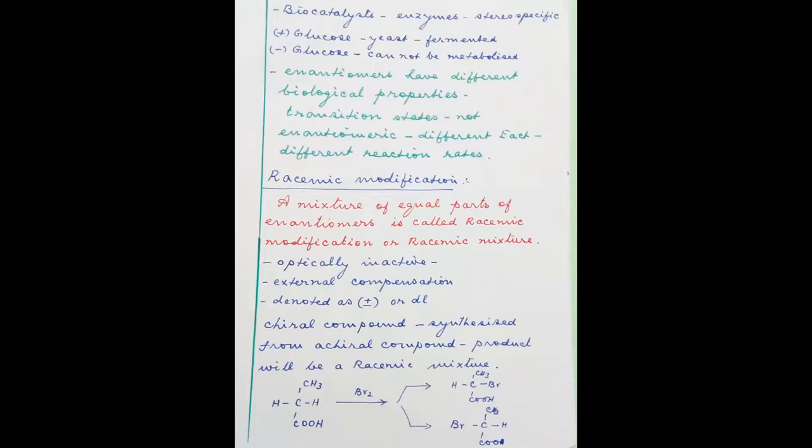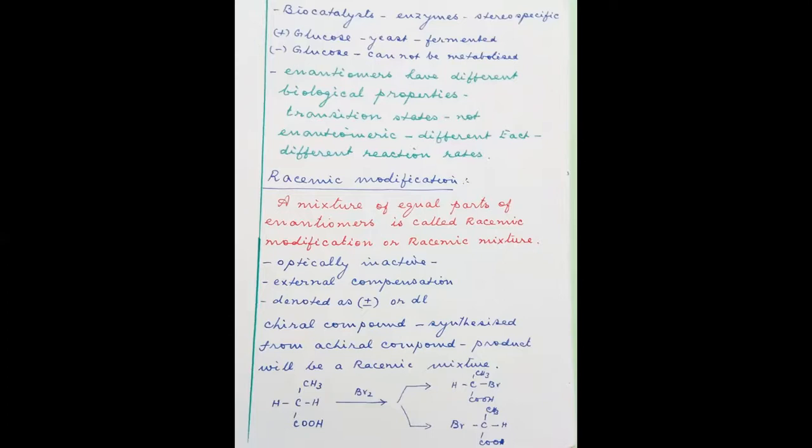So mostly levocetirizine is given. So the enantiomeric forms show much difference in biological properties. They react at different rates with enantiomeric reagents.